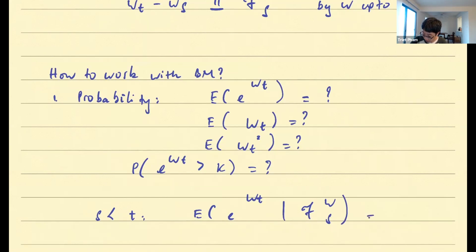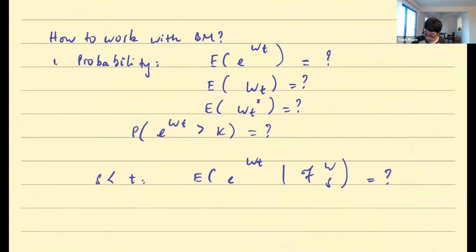What is this? Or something like this may also show up, W_T squared conditional on this, okay? So working with Brownian motion, first of all, involves understanding the probabilistic aspect of it and being able to figure out these kinds of questions, which we'll discuss soon.